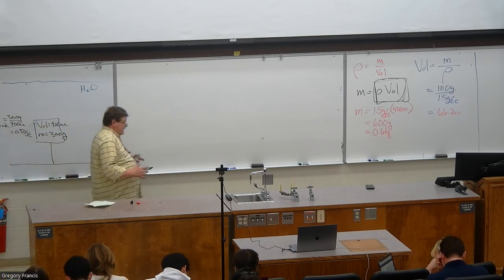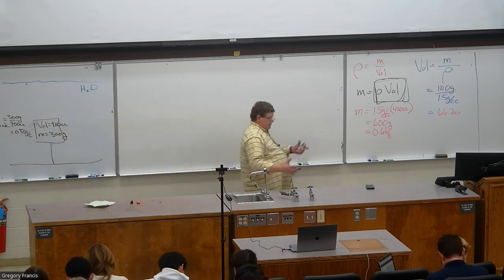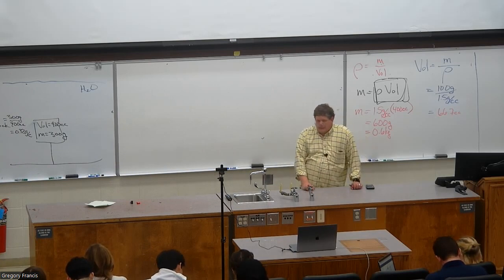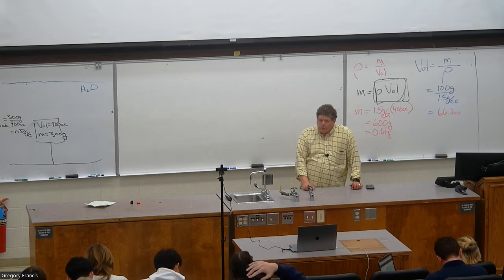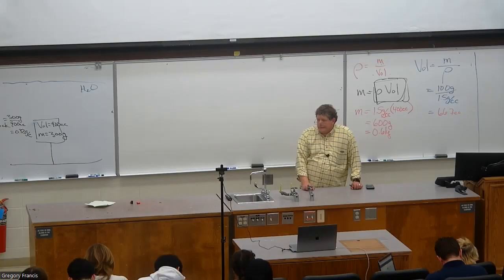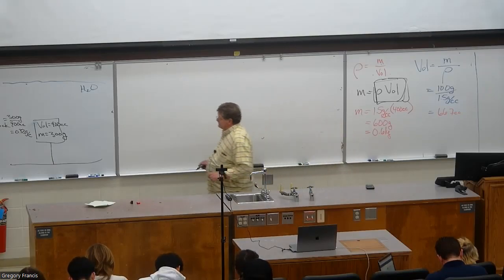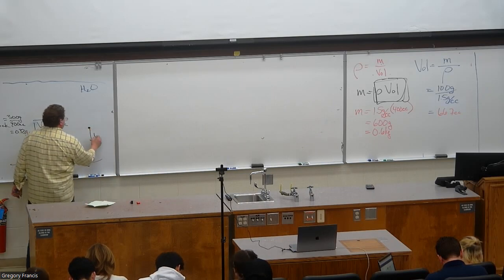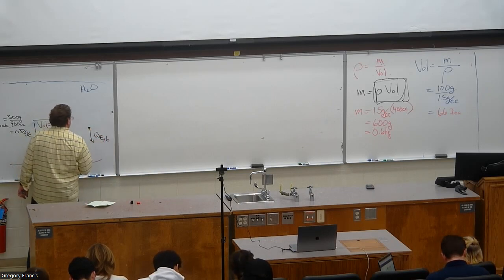Now, one of the big takeaways that you should have brought with you in your toolbox from the second part of the course is that anytime you're looking for a force, you start with a free body diagram. So here I have a weight force, Earth on the block.